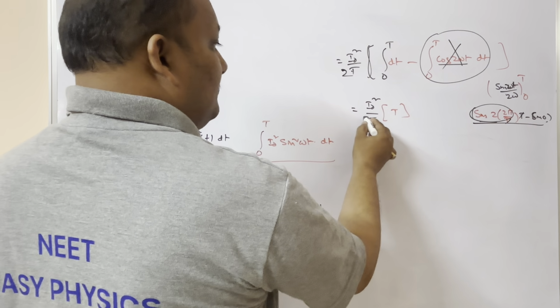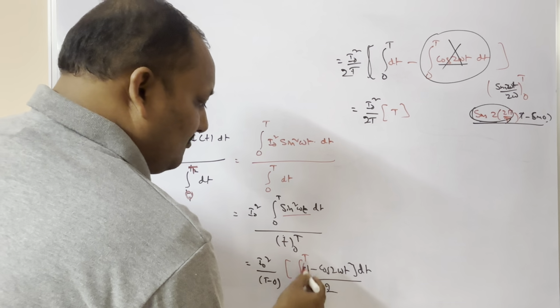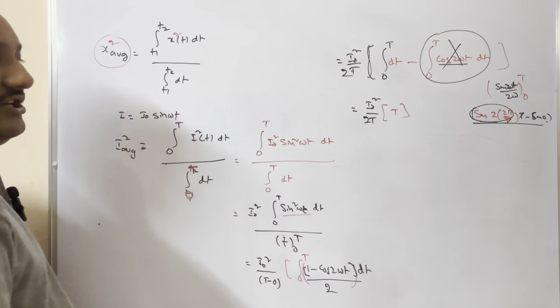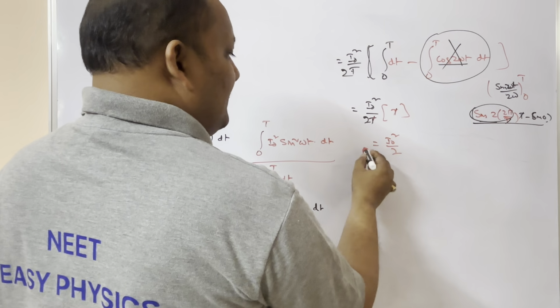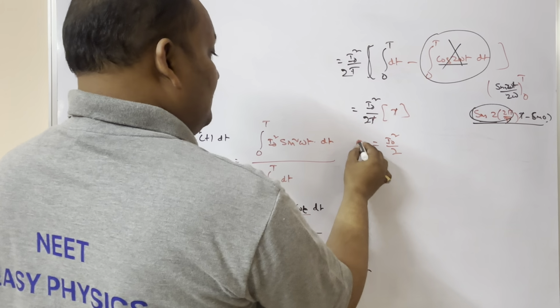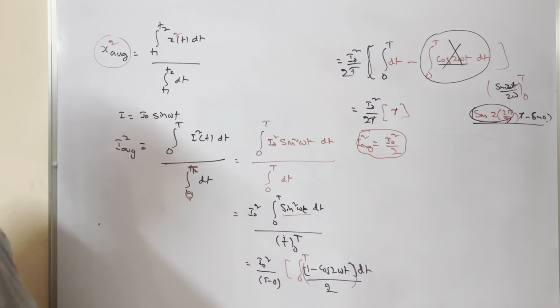Then 2 will be coming. Just we forgot. So sin square omega t can be written as 1 minus cos 2 omega t by 2. So this T will be cancelled. So I naught square by 2. This is the mean square value, I naught square by 2.